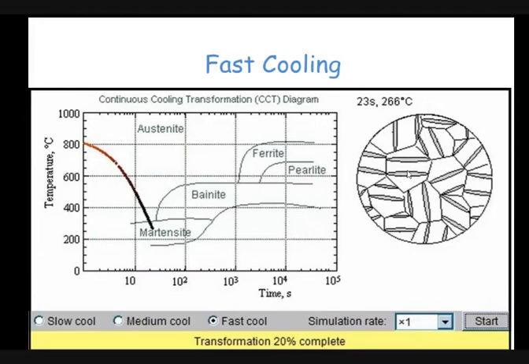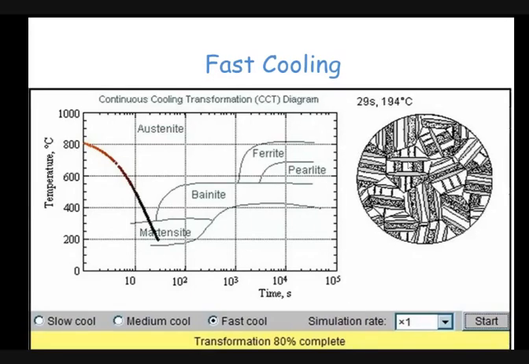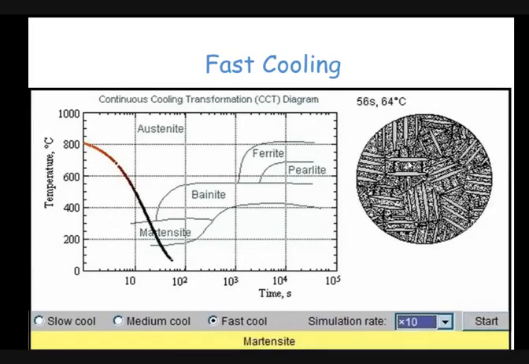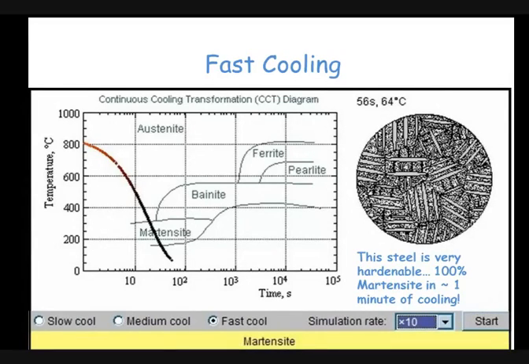Lenticular, lens, needle, all are the same. So austenite has been transformed. You can see within the austenite grain these lenses or needles of martensite. And we have here 100% or 90% martensite, which can be considered as 100% martensite, in less than 1 minute of cooling. So this steel is very hardenable.